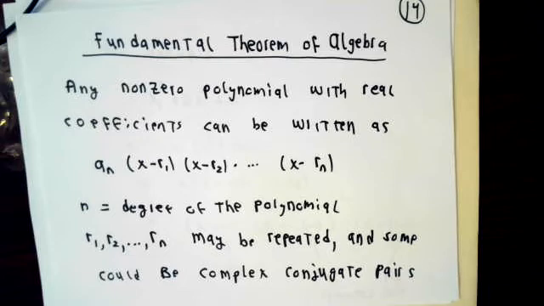If real, they may be repeated. If complex, they have to occur in complex conjugate pairs. This was suspected to be true for a long time. I think it was proven first in the 18th century.